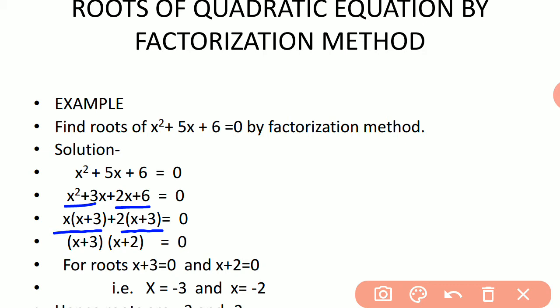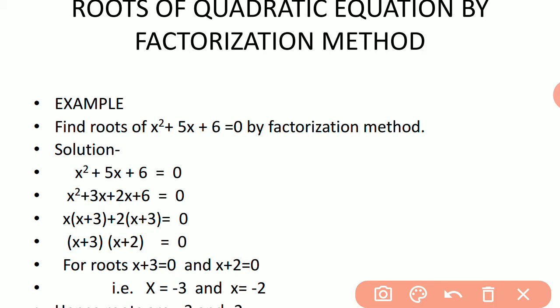Again x + 3 and x + 3 are the same, so we take x + 3 common, and in the other bracket x + 2 remains, equal to 0.